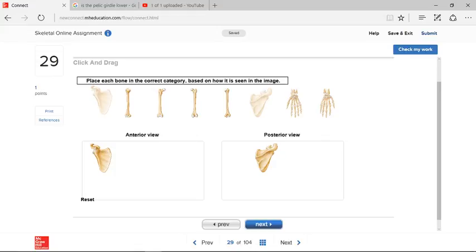But how do I know? Oh, wait, that has to be the front part. So if it is like this, that means it has to be posterior. I don't care what you say. It has to be posterior. I'm sorry.